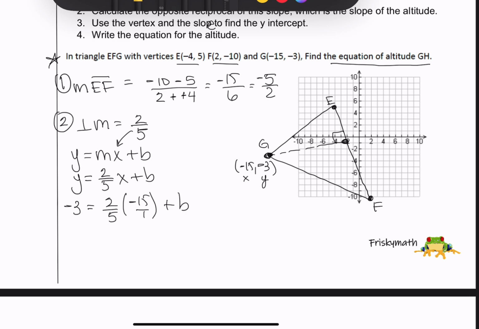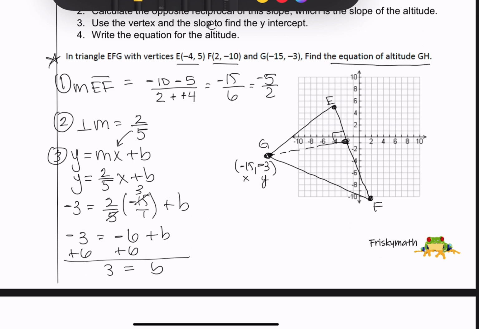This allows me to find my y-intercept b. Let's simplify. 5 goes into -15 -3 times, so that gives me -6 plus b. We'll add 6 to both sides. b is going to equal 3. Okay, so that was step 3.